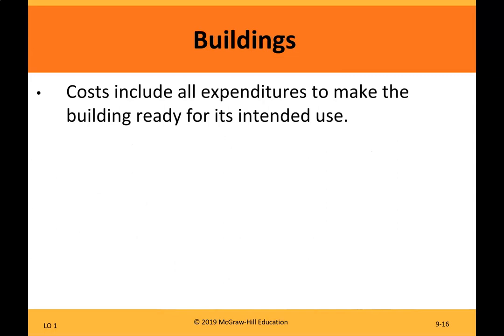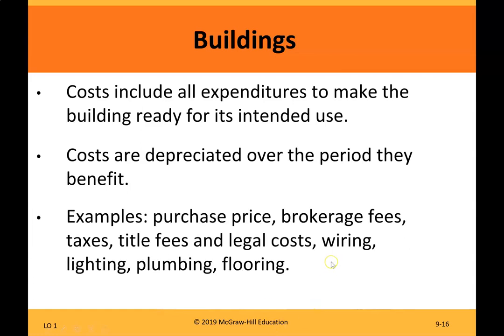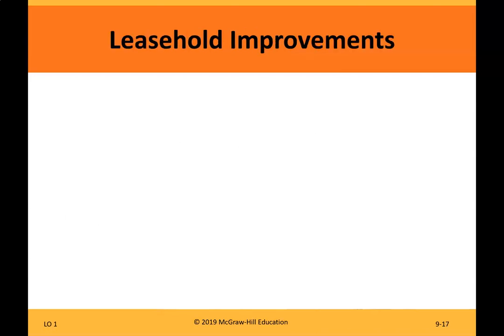Costs include all expenditures to make the building ready for its intended use. Costs are depreciated over the period they benefit. Examples: purchase price, brokerage fees, taxes, title fees and legal costs, wiring, lighting, plumbing, flooring.